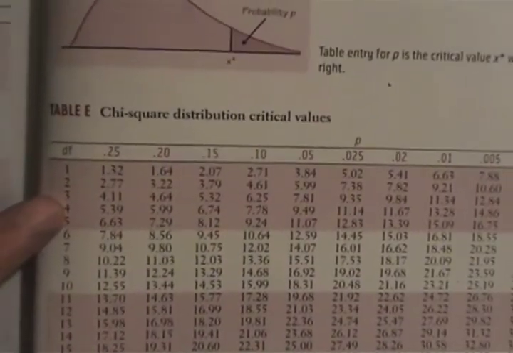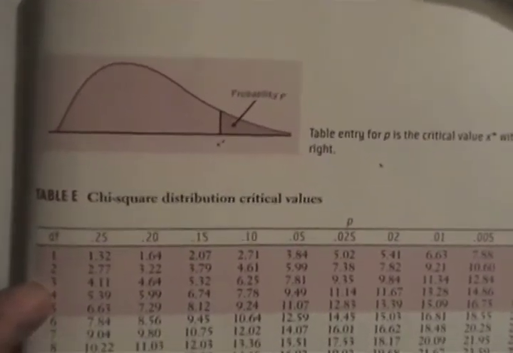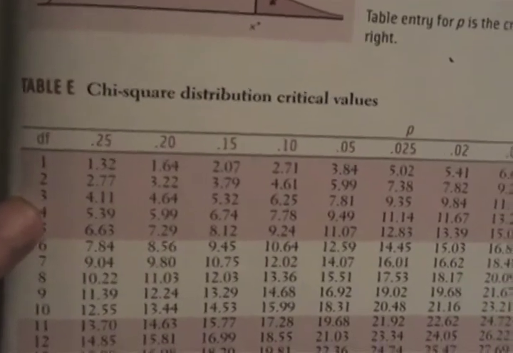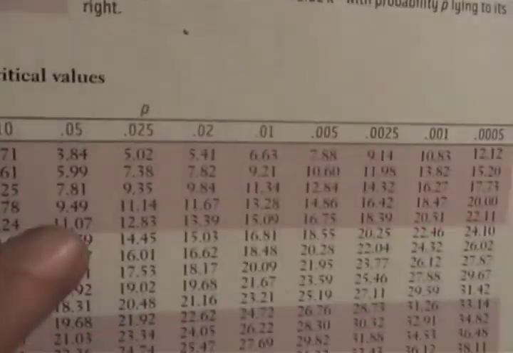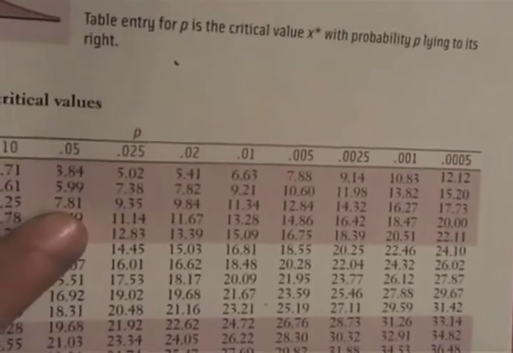Alright, so our degrees of freedom is 3 because there are 4 categories: never married, married, widowed, and divorced, and degrees of freedom is always n minus 1. So we look at the 0.05 significance level in order to reject our null hypothesis. When we look at that column, the value there is 7.81.